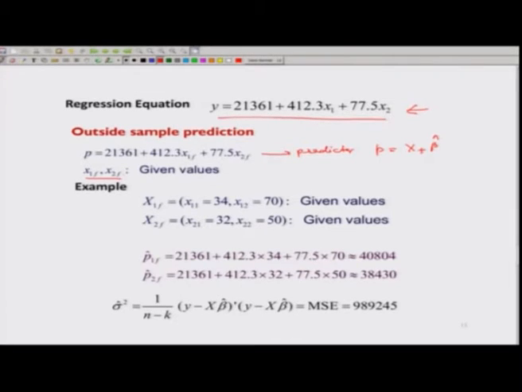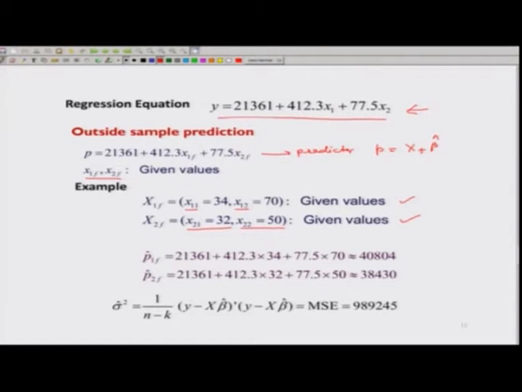So, suppose I try to illustrate here that we want to forecast more than one value at the same time, then how to do it. So, here I consider two values, means I say capital X1f consists of two values x11, x12, and similarly the second set of values for the observation is given by x21 is equal to 32 and x22 is equal to 50.